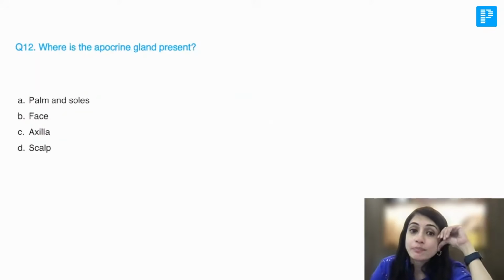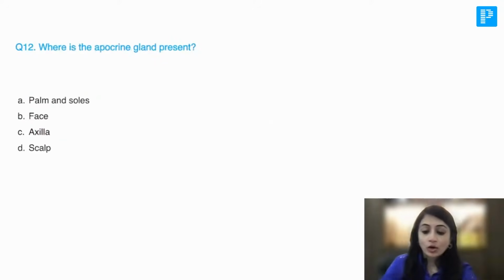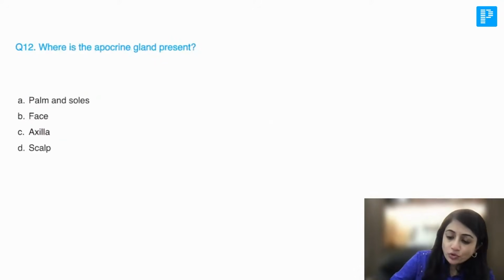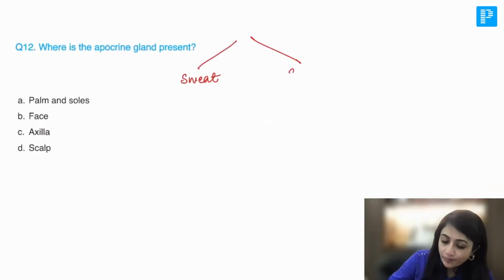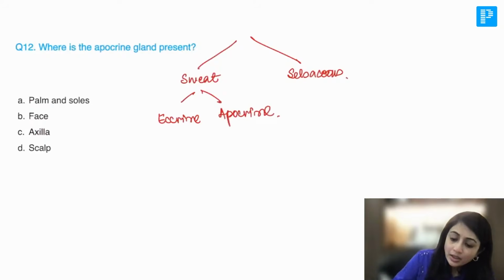Okay, where is the apocrine gland present? Now, so we have three types of glands. So one is sweat and the other is sebaceous. Sweat gland is further divided into eccrine glands and apocrine glands, right?